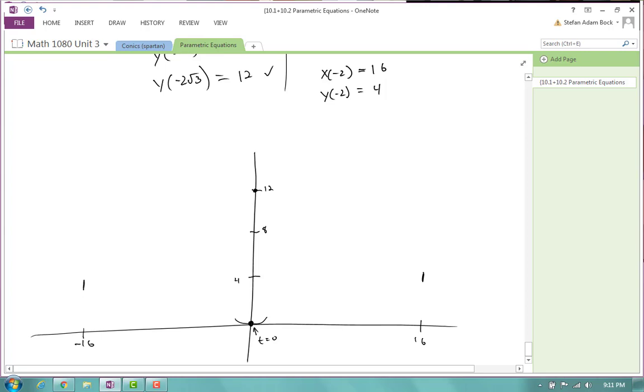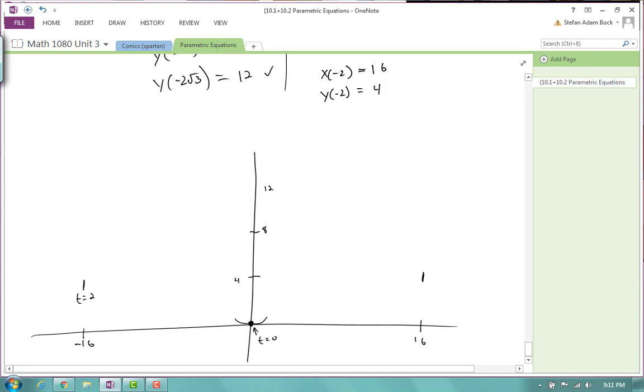Now, the square root of 3 is, of course, bigger than 1, so these occur before and after my vertical tangents, so I should be careful about those. From t equals 0, I got a vertical tangent at x equal to minus 16 at t equals 2, and then at t equal to 2 root 3, I ended up here.